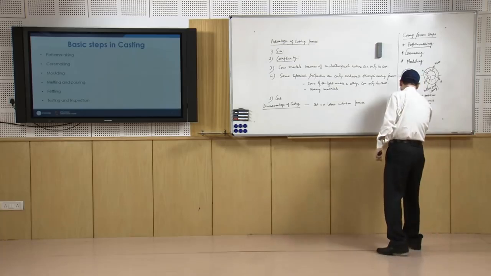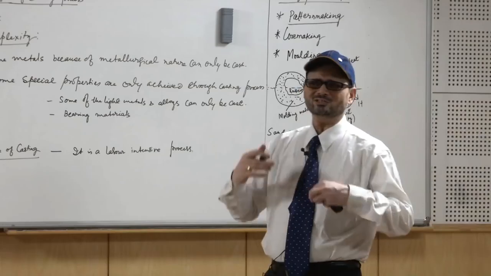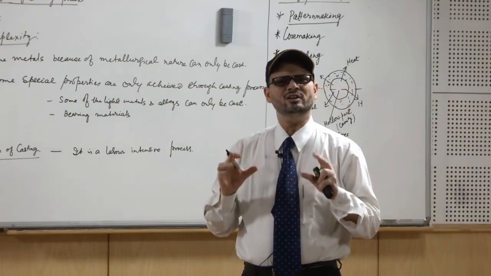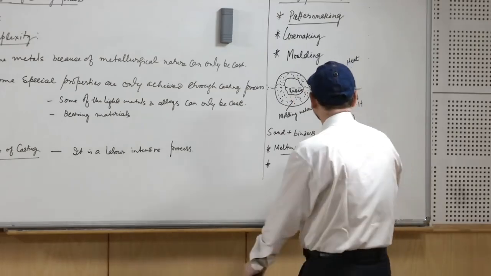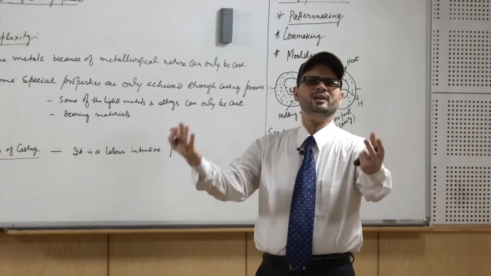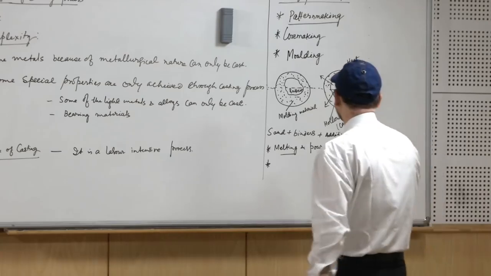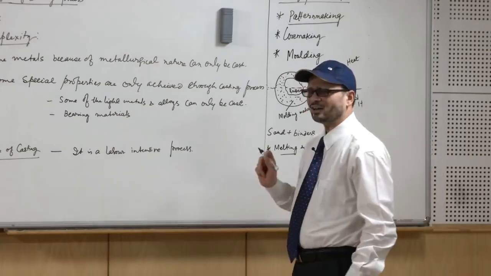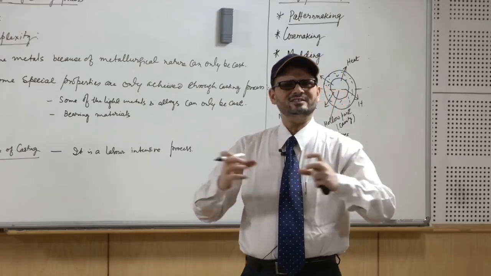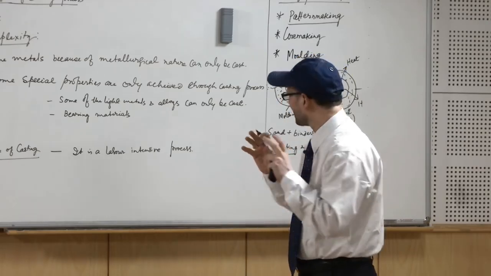Now, once you have poured the material into a mold, as we have already discussed, this material undergoes solidification. Now, once the material is solidified, it has to be taken out. Now, this cast product has a lot of other sections other than the original casting.